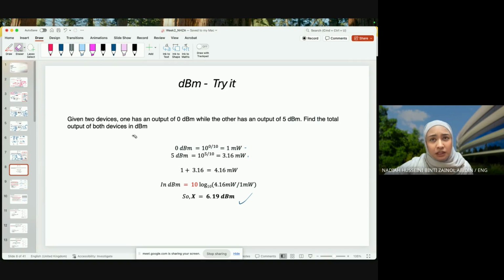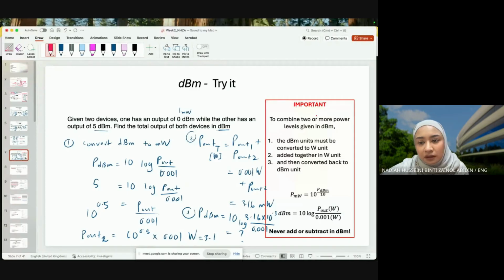Okay, so Syafiq is asking, how do we know that we need to do those steps in this question? Okay, so let's go over the question again. Given two devices, one has an output of 0 dBm and the other has a 5 dBm output. It's asking us to find the output of both devices in dBm. Now remember that I told you it is very important that you do not combine dBm by adding them together.